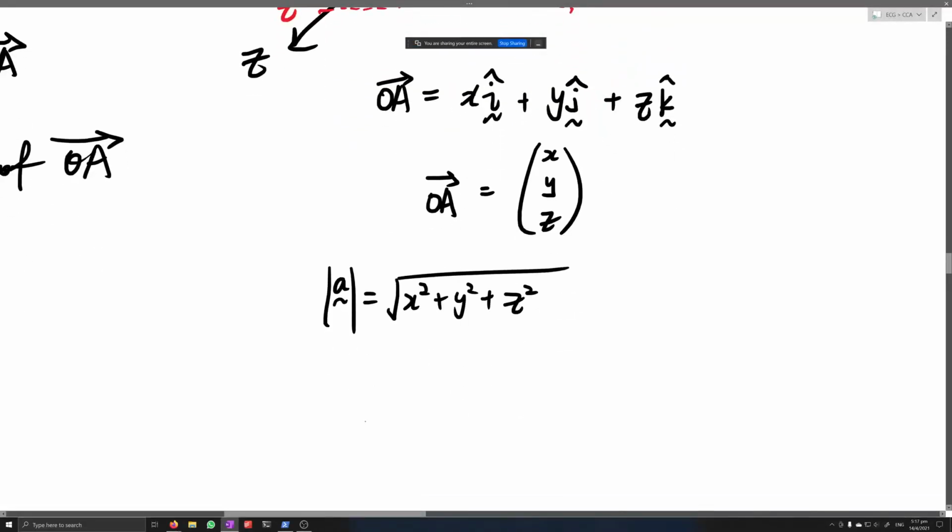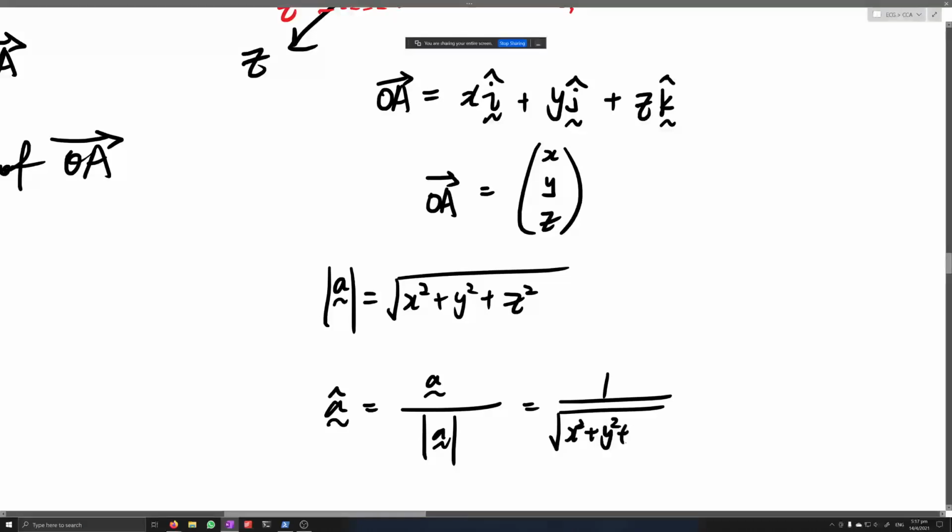Then if we want the unit vector, we take the original vector and scale it by 1 over the modulus, so it's 1 over root of x squared plus y squared plus z squared times A, which is 1 over root of x squared plus y squared plus z squared times (x, y, z).